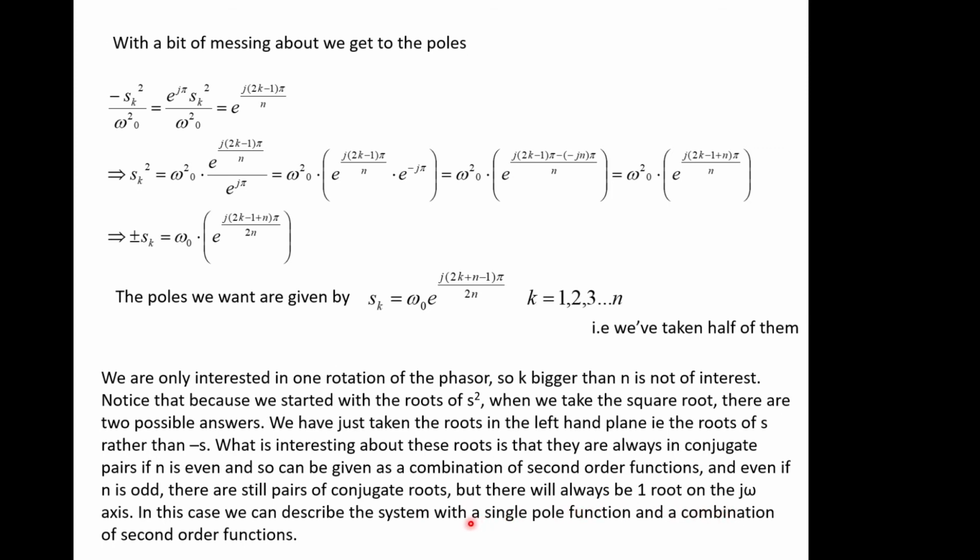So for example, our fifth order system that we just looked at is made up of two second order systems cascaded and a single first order system. So we don't have to worry about designing a fifth order system. It just boils down to being able to design two second order systems that are slightly different and a first order system and cascading them, as we shall see.